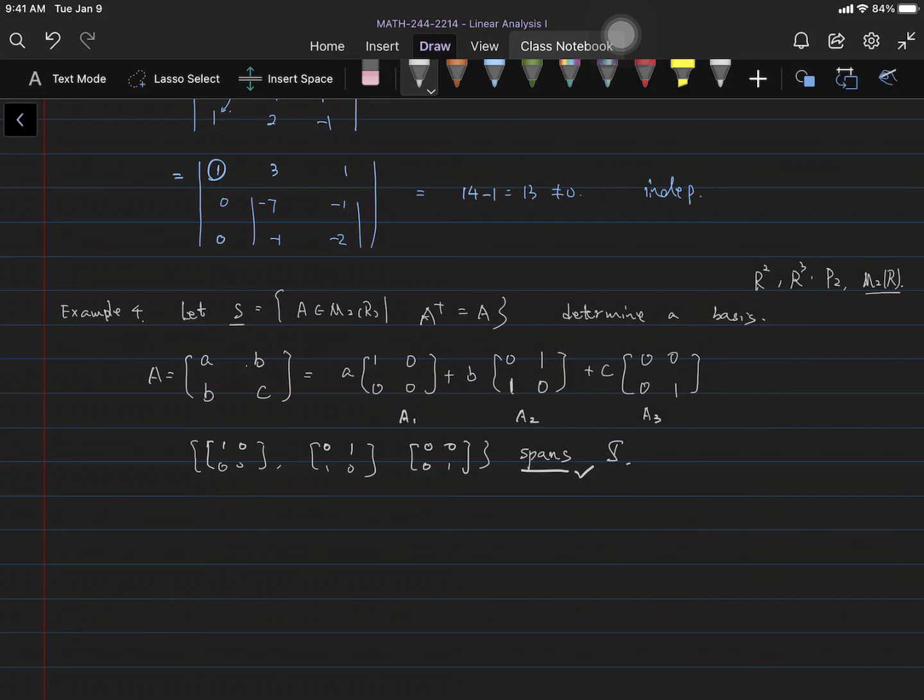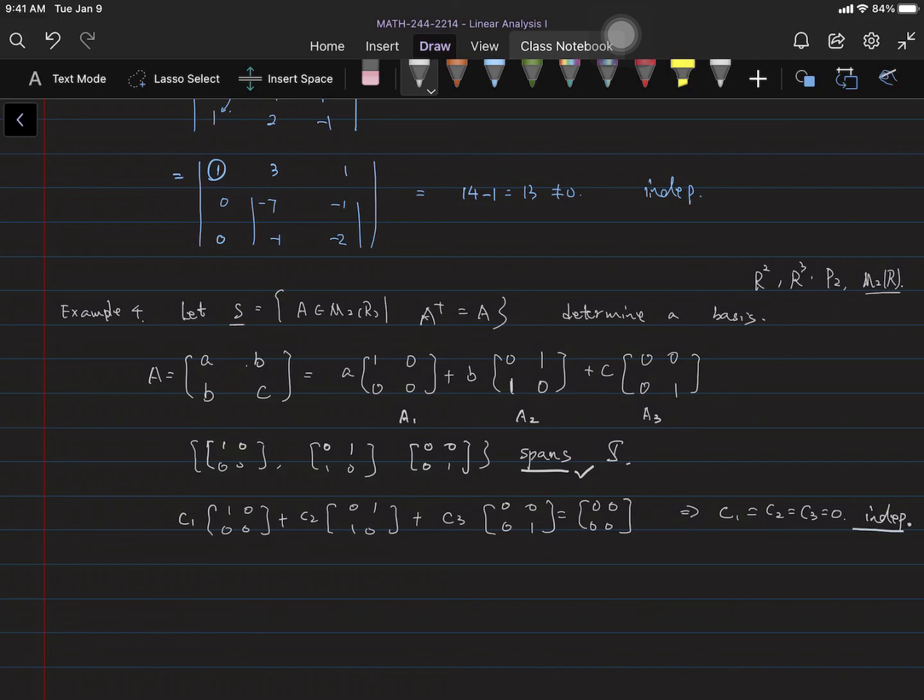Independent means c1 A1 plus c2 A2 plus c3 A3 equals the zero matrix. And you can easily see, when we combine the left side, c1, c2, c3 have to be zeros. So that means they are independent.